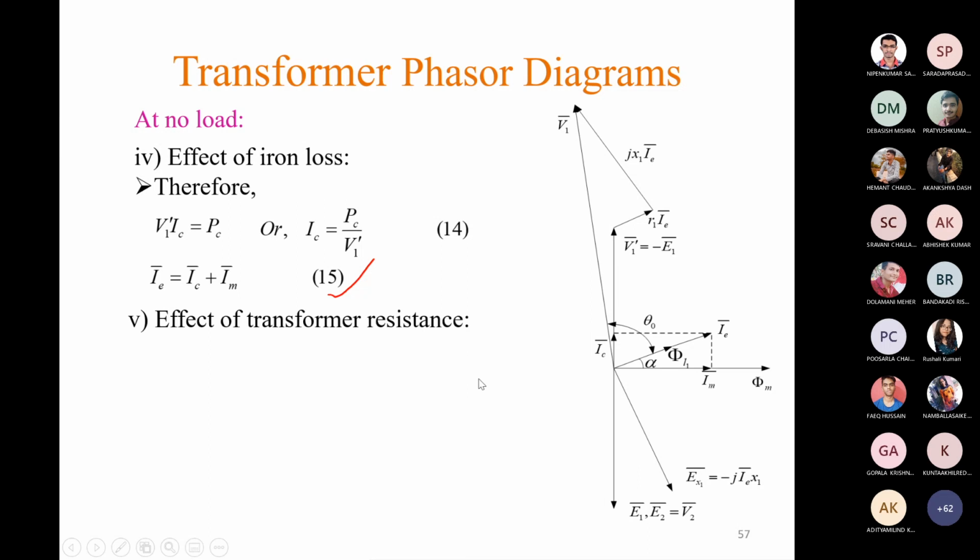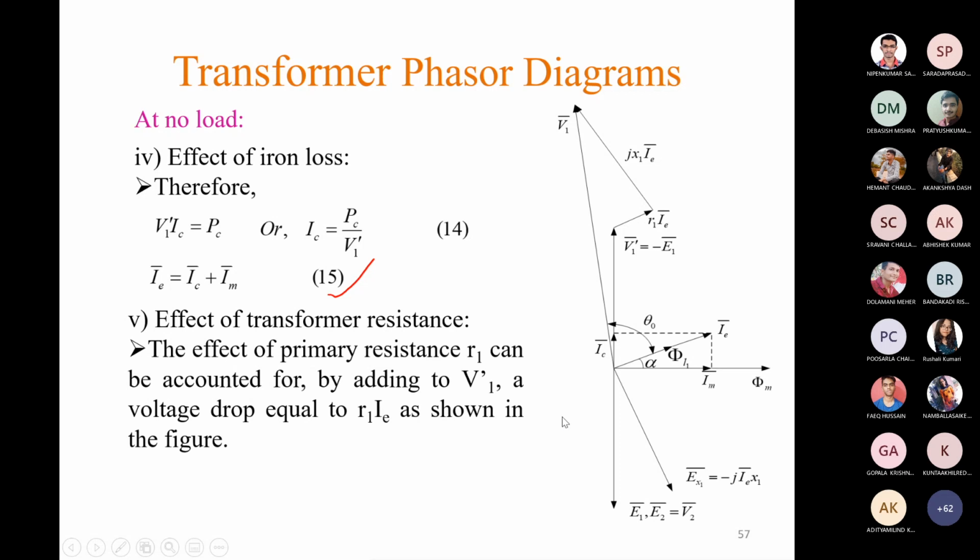Now the effect of transformer resistance. This is very simple. Since the windings are made up of some conducting material, there has to be some resistance, and we have to add the voltage drop due to this winding resistance to V1 dash.